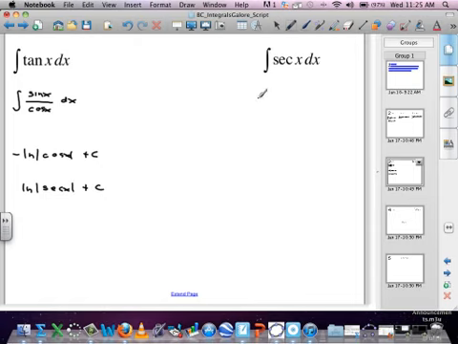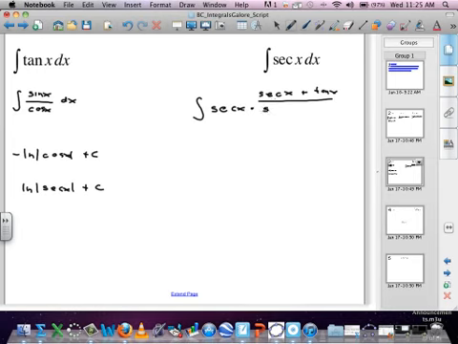This one came up in the worksheet on Thursday, and just good to know for future reference. You can integrate secant x. You need a neat trick, and the trick is to multiply by 1. And the one you're going to multiply by is secant x plus tangent x over secant x plus tangent x.